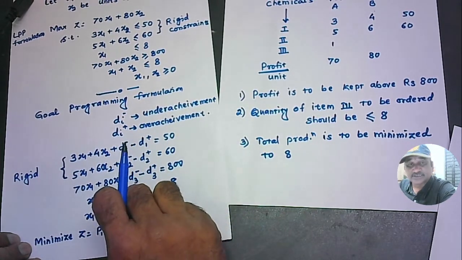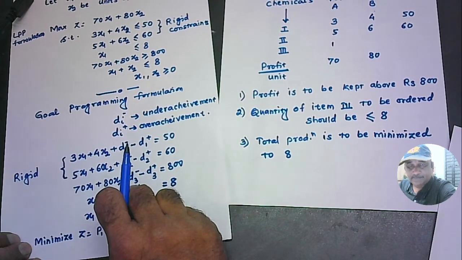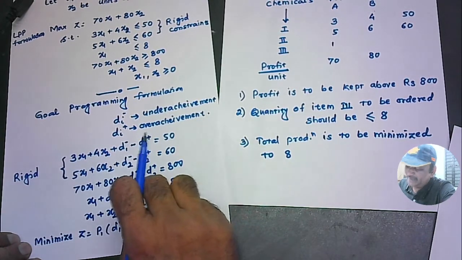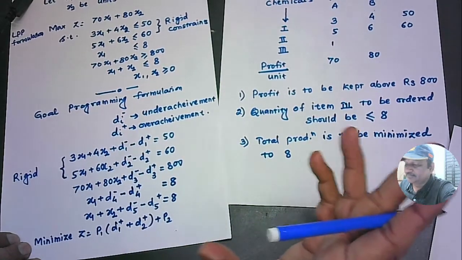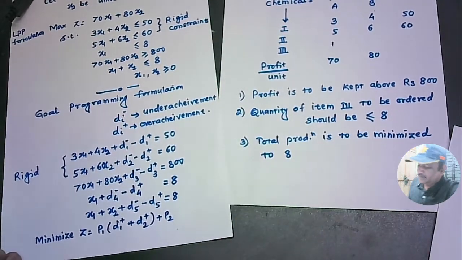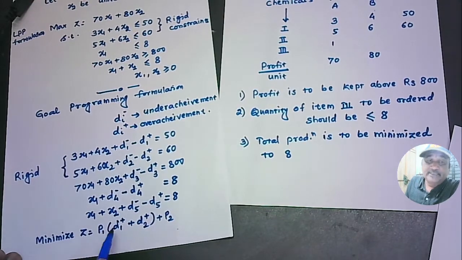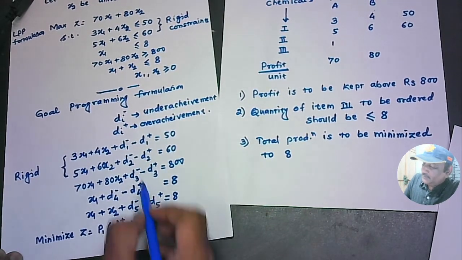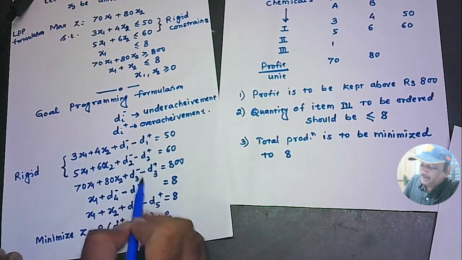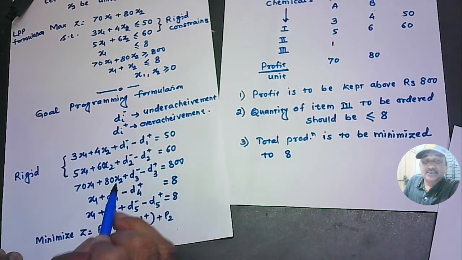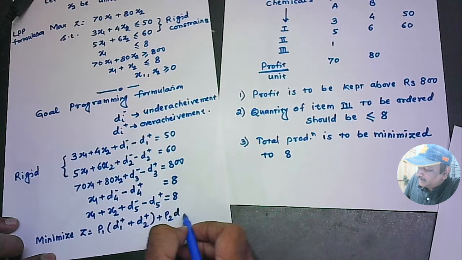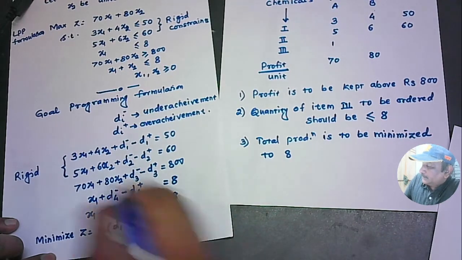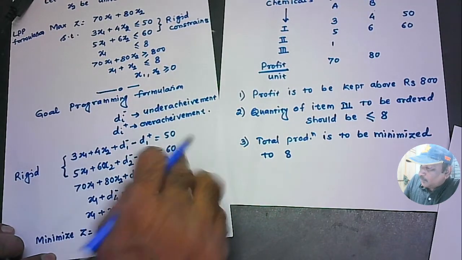It should be zero. And this may be as much as possible, but we are not considering as much as possible because our objective is of minimize. So we want to keep D3 minus at minimum.